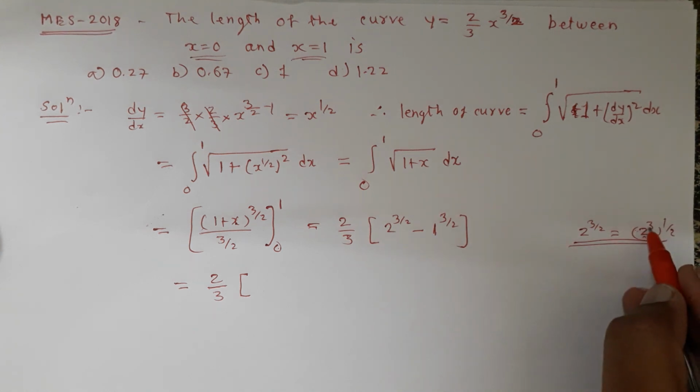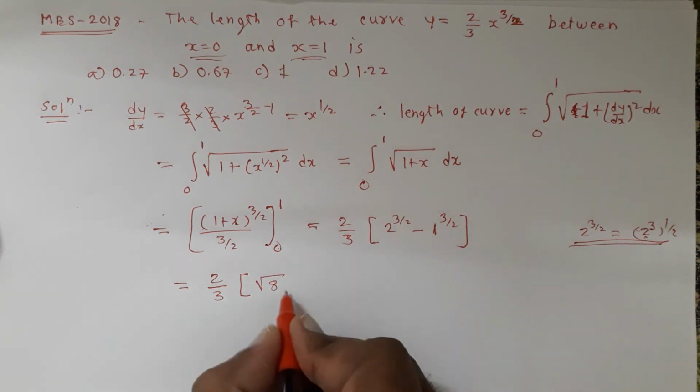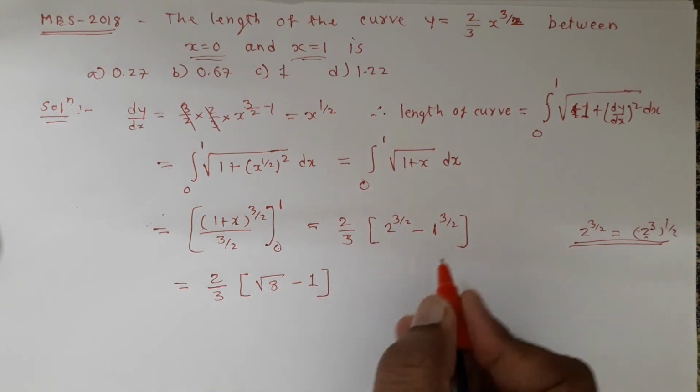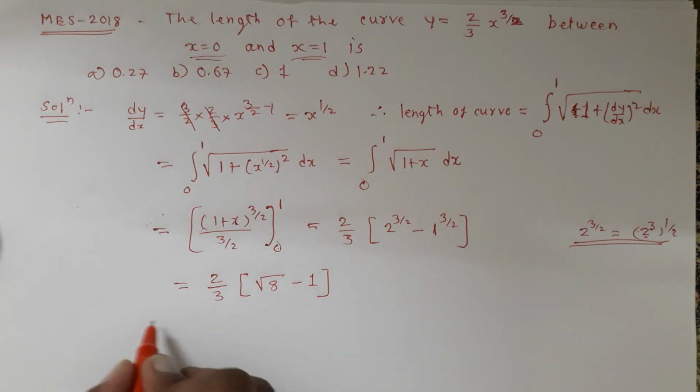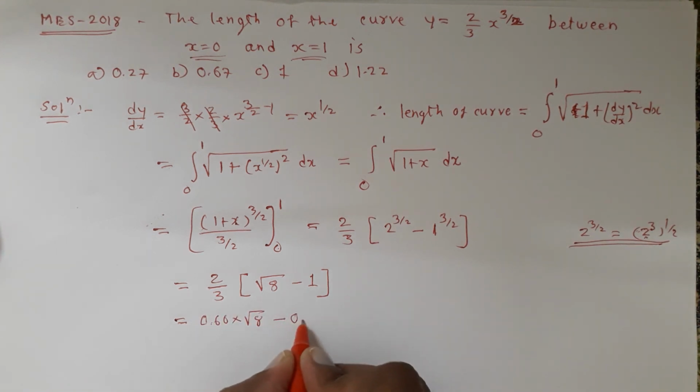So 2 raised to 3 is 8, 8 raised to 1 by 2 means root of 8. And 1 raised to 3 by 2 is 1, because 1 raised to anything is again going to be 1. So it is 2 by 3 into (root of 8 minus 1). Now 2 by 3 is 0.66, so it will be 0.66 into root 8 minus 0.66.